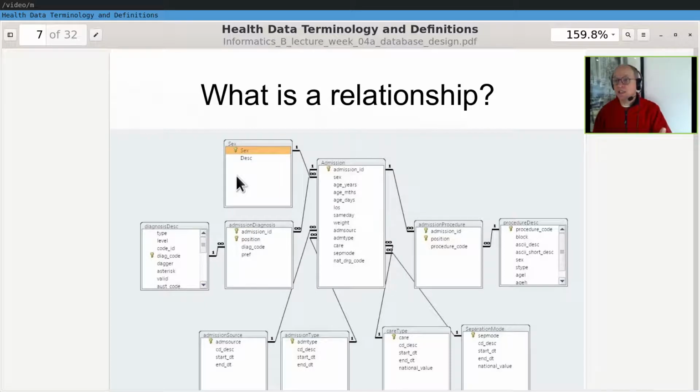Later on, I'm going to teach you about an ER diagram, an entity relationship diagram. This is not an ER diagram, but it's similar. It's got the relationships between the lines, and so we've got sex here is related to sex there. Isn't it lovely? They're named the same. In your first assignment database, they weren't named the same. You had T-Diag1 over here and code ID there.